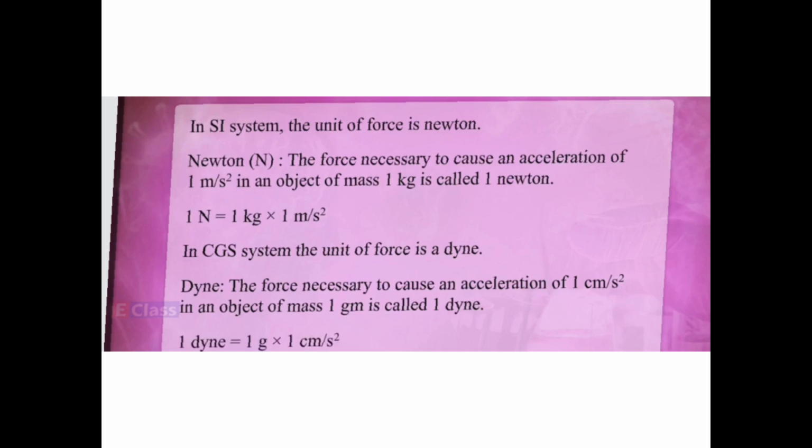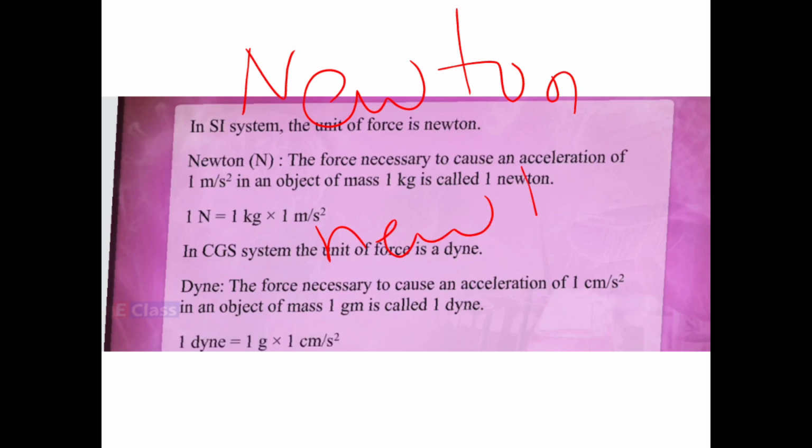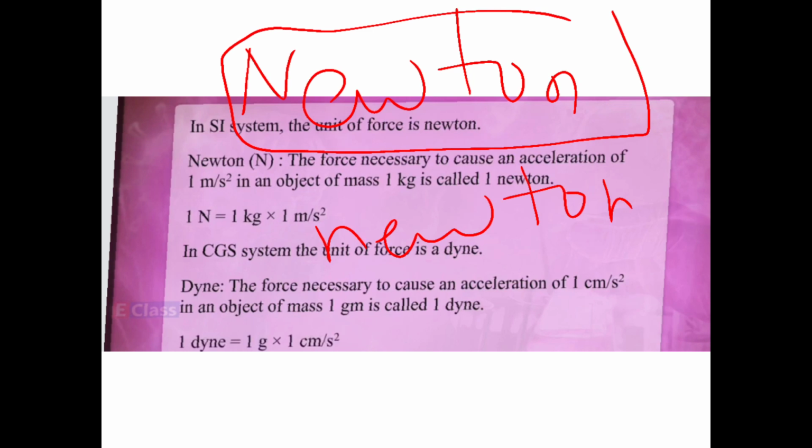Now Newton, in the remembrance of the scientist Newton, the unit is called Newton. I'll just tell you one important thing, children. When we say this Newton and this Newton, there is a difference. When I say Newton with capital N, that means I am talking about the scientist.